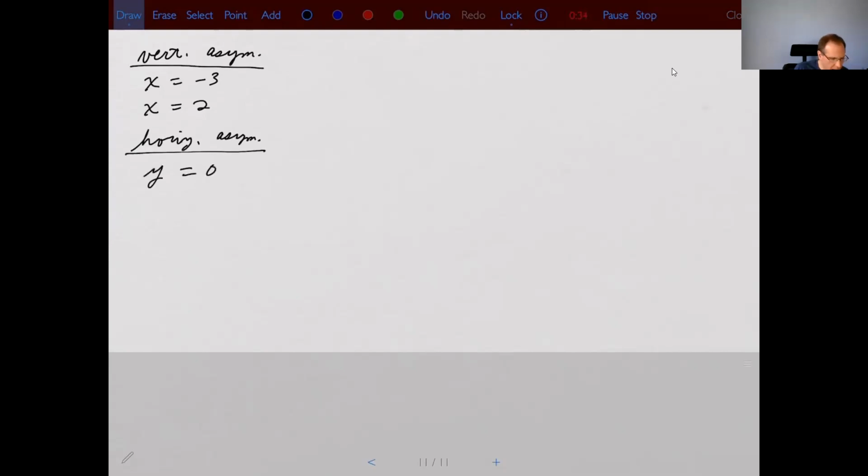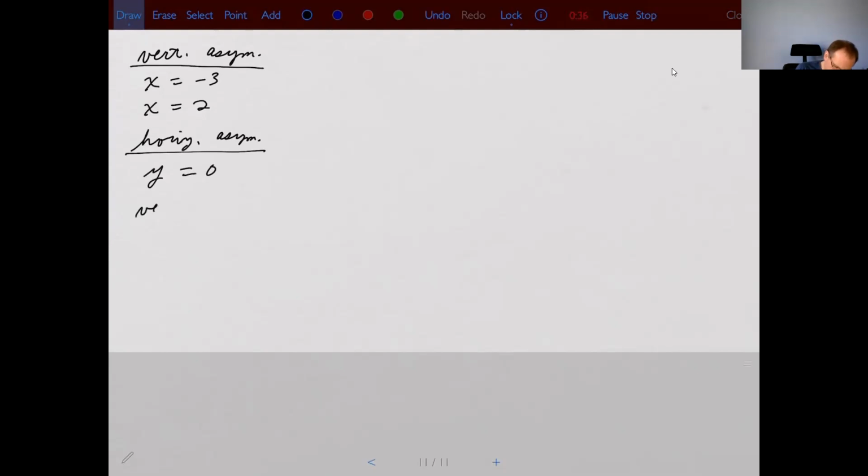We found that there were vertical asymptotes, the lines x equals -3 and x equals 2. They were both vertical asymptotes. There's a horizontal asymptote, and that was the line y equals 0.